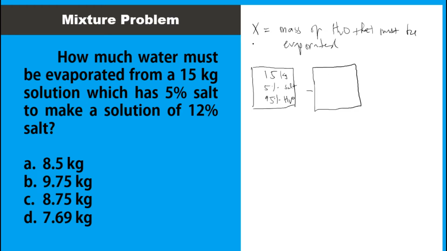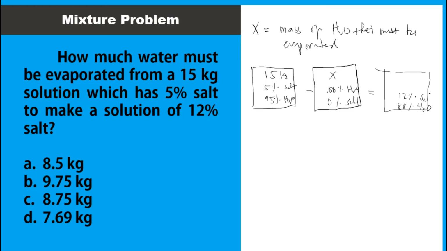That is what we are finding here, that's X. So this is 100% water and 0% salt. So that must be equal to a concentration of 12% salt, and of course this is 88% water.